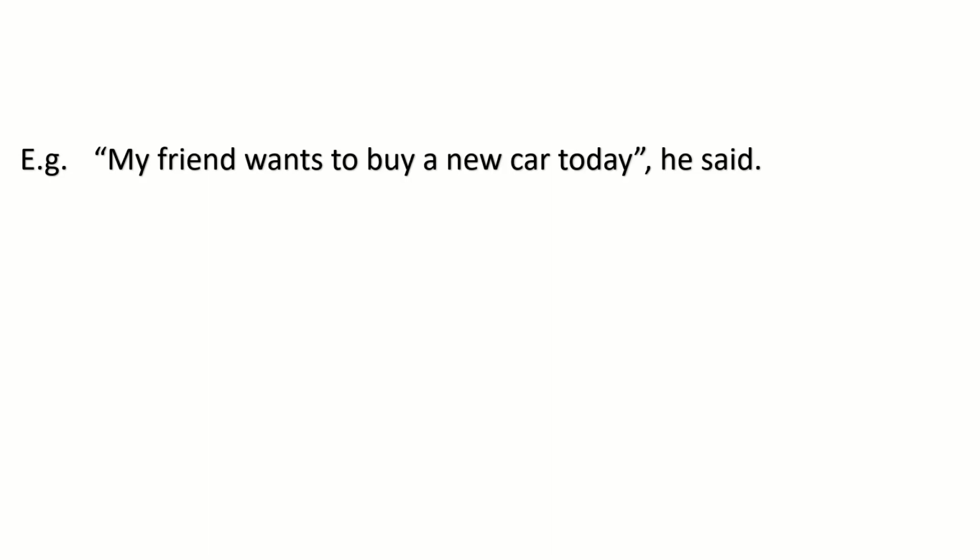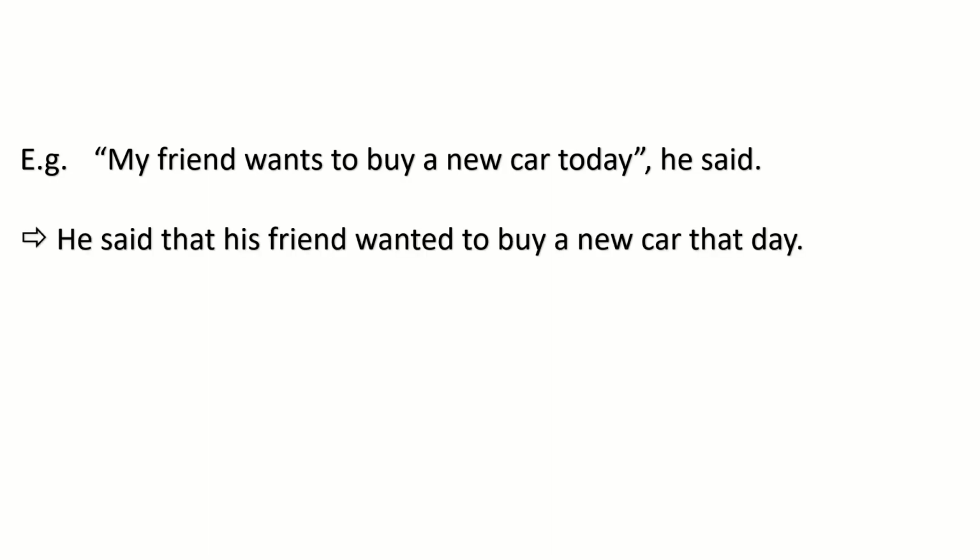And we will have today. So there are three kinds of information that we have to change in this direct reported speech, right? One, my friend. Two, wants, and then today. So I can write this sentence like this. He said that his friend wanted to buy a new car that day.